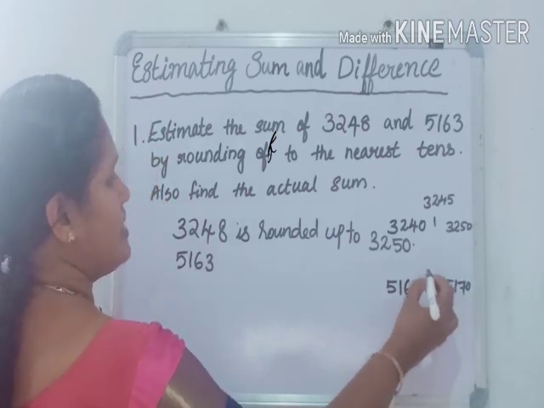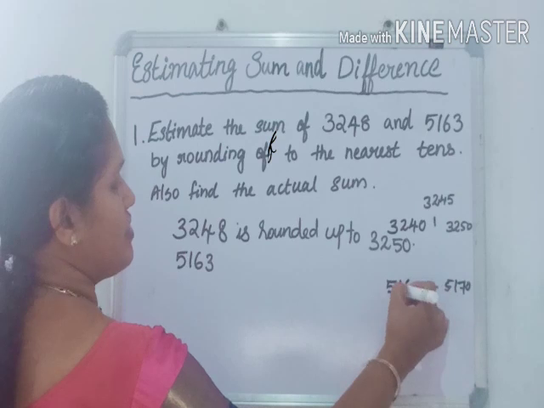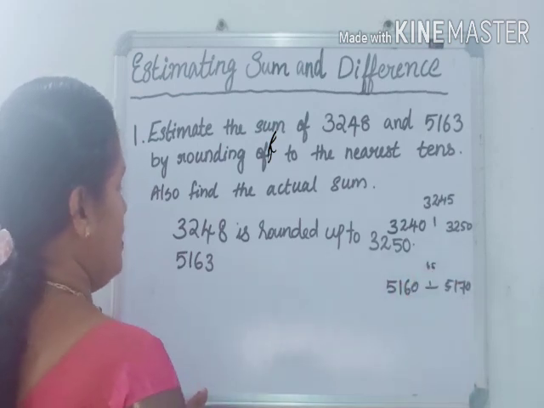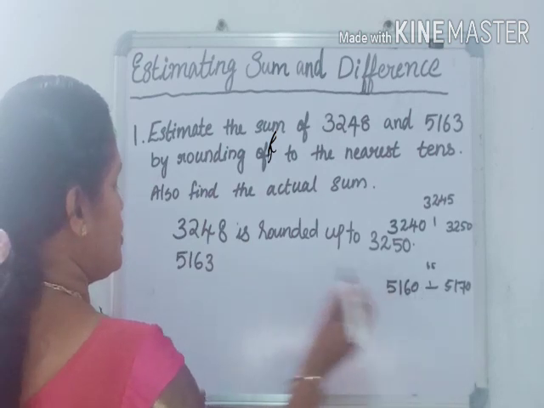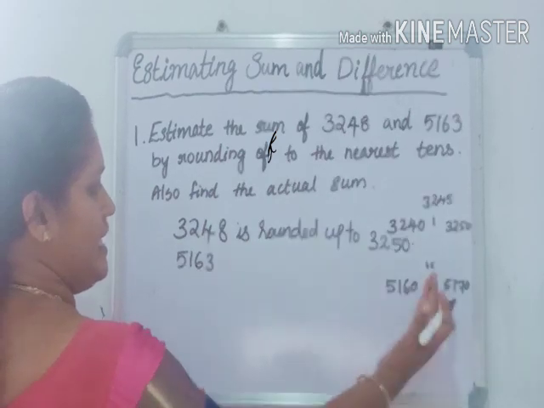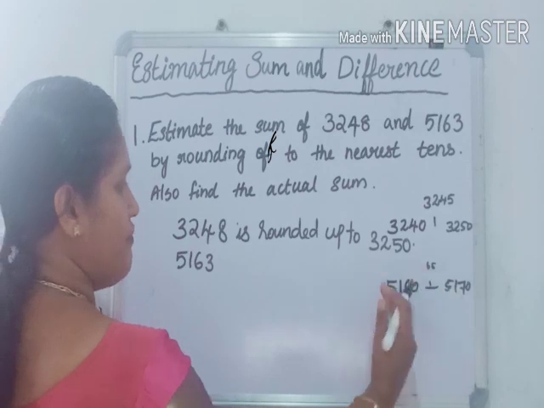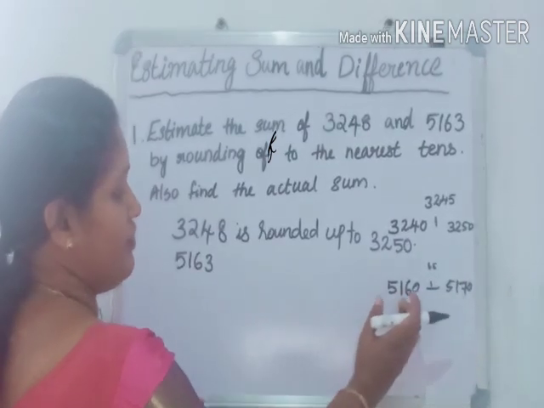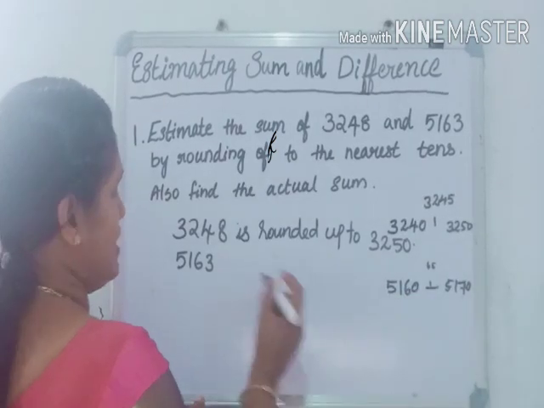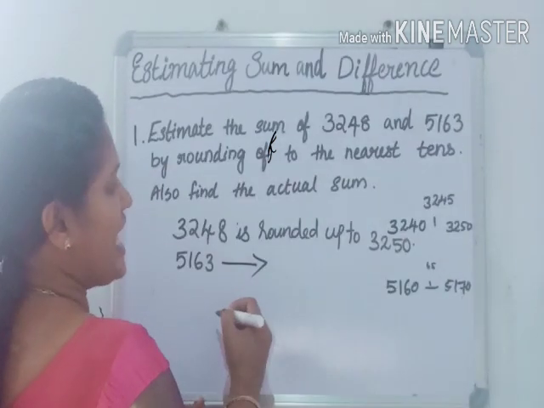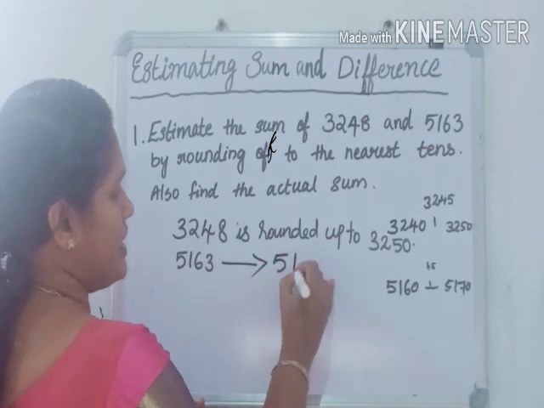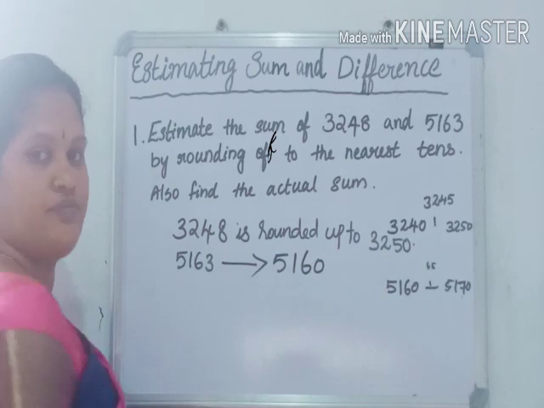The middle number is 5165. So the position of 63 is before the middle number, isn't it? It is nearer to 5160. So it is rounded down to 5160.